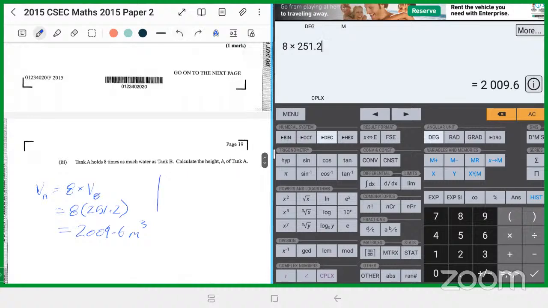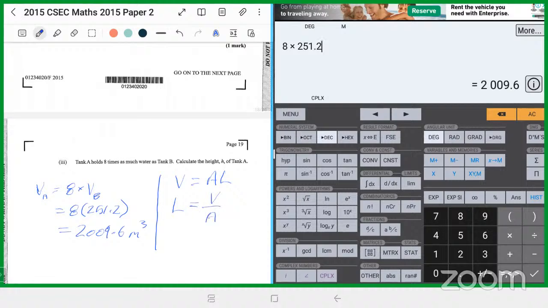So we can use this. Volume equals base area times the height, or the length, which is the height. Let's use length. V equals AL. We're trying to find L, so divide by A. So L becomes the volume of the tank over the base area of the tank.